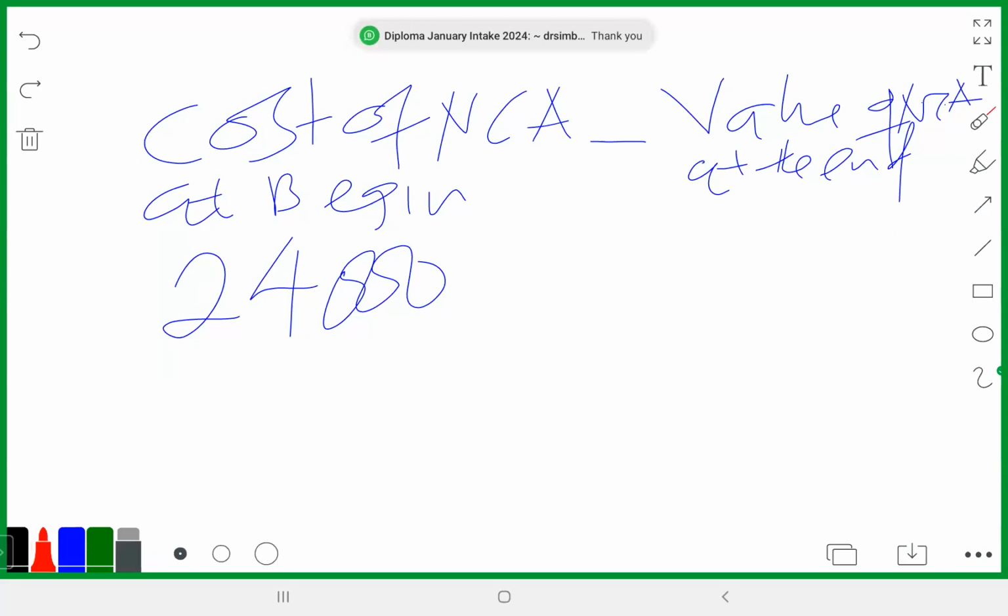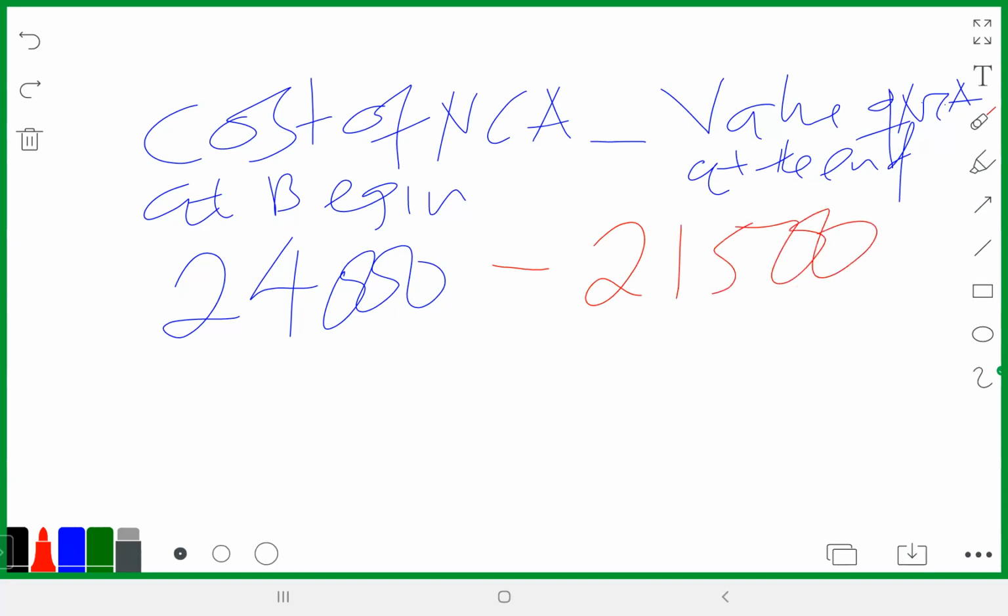So they value the assets and find that the value of the asset after 3 years is 21,500. So that would mean that total depreciation would be 4,500? No, it should be 3,500, right?